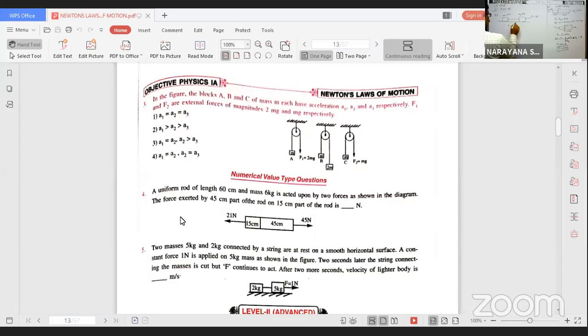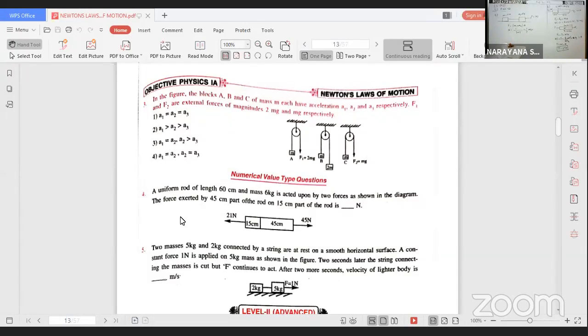F is equal to, for this force the two blocks move together, so total mass M1 plus M2 into common acceleration A. Then A is equal to F by M1 plus M2, which is 1 by 2 plus 5, that is equal to 1/7 meter per second square. So both blocks move with the same acceleration. First option, both masses move with an acceleration 1/7, that is correct.